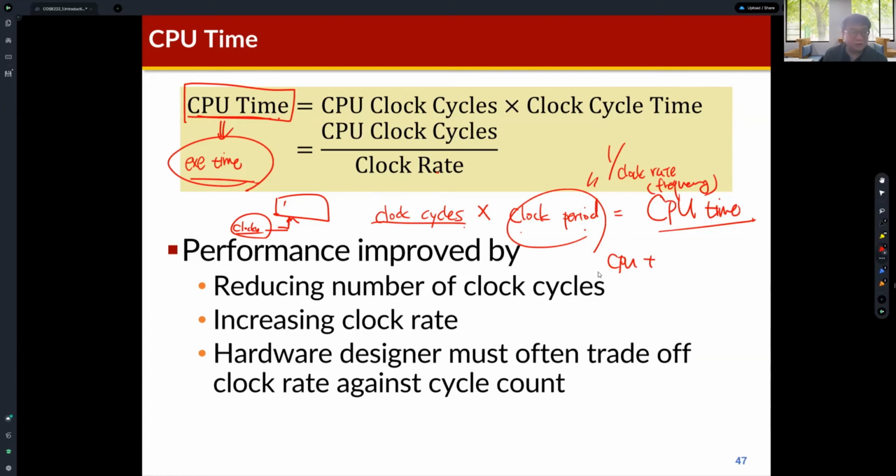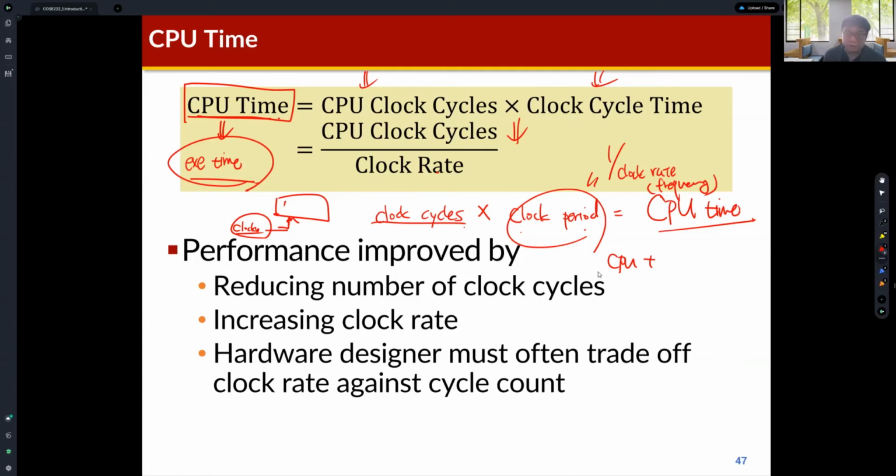If we just understand the equation, then we can find a solution to these problems. So if we reduce the number of clock cycles, then we can reduce CPU time, obviously.